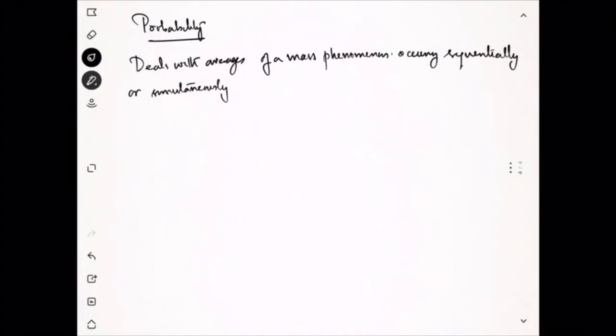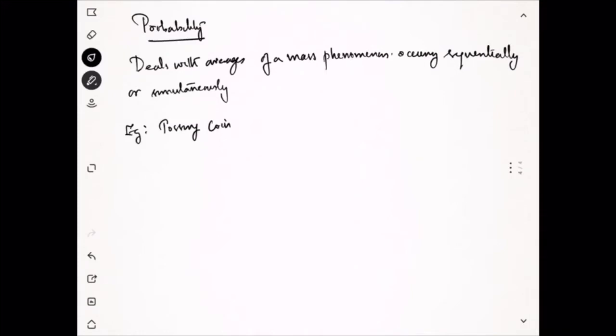So it deals with the mass phenomenon which is occurring sequentially or simultaneously. We will start with a simple example, for example tossing a coin. Suppose you have a coin which has both head and tail.